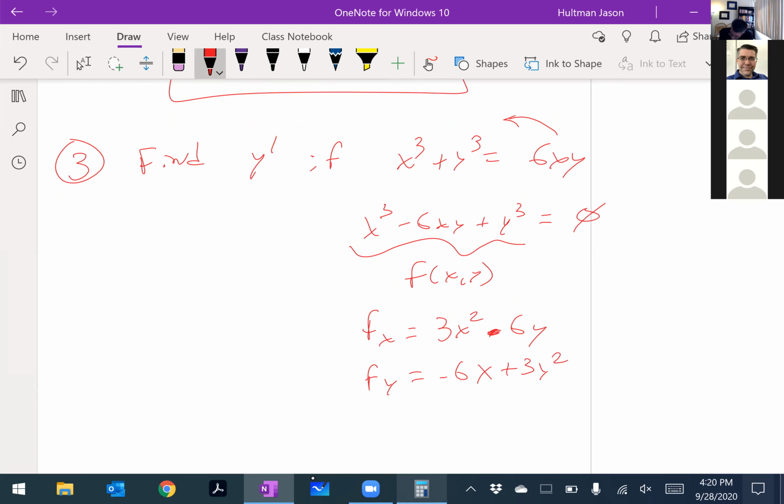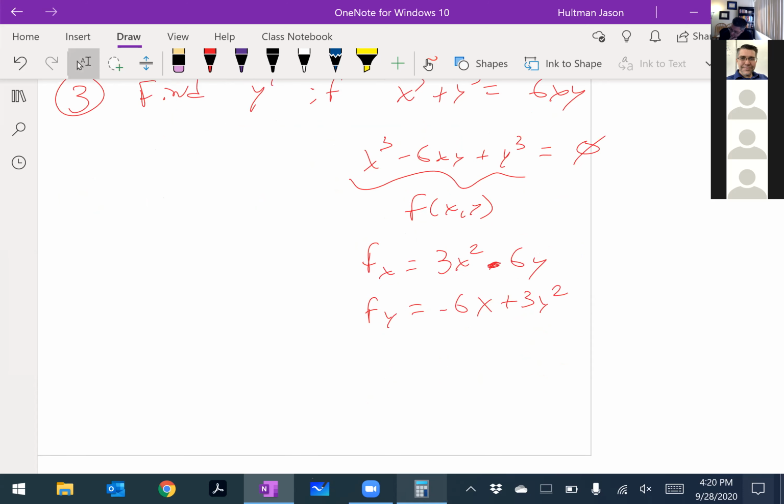And so if I were to implicitly differentiate this, if I want to find y prime, what's dy/dx? Isn't that y prime? Well, this is just a fast way of implicitly differentiating. We already know how to implicitly differentiate. I'm not showing you anything new here. I'm just saying, let's use the power of partials to make it faster.